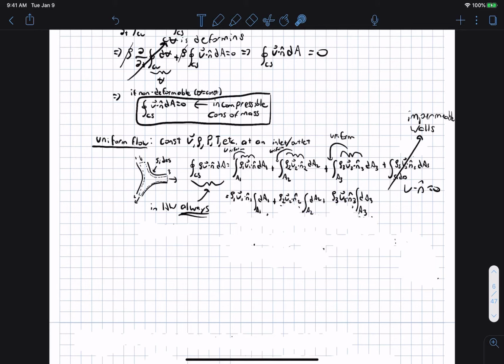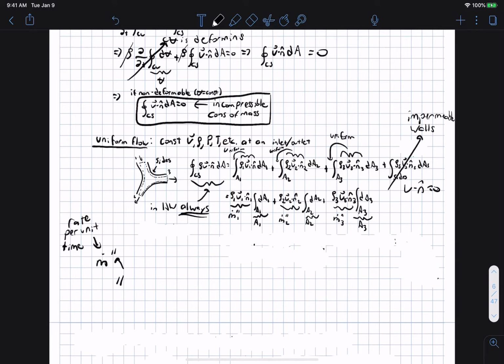In your heat transfer classes especially, we will call this an m dot double prime. The m dot means rate, per unit time, and the double prime means per unit area. So this is called a mass flux. I'm not going to talk about fluxes too much in this class.